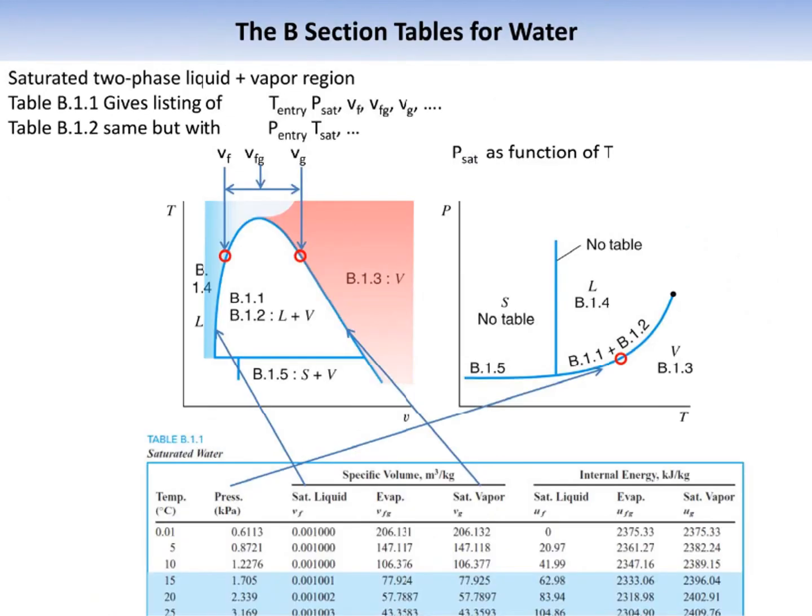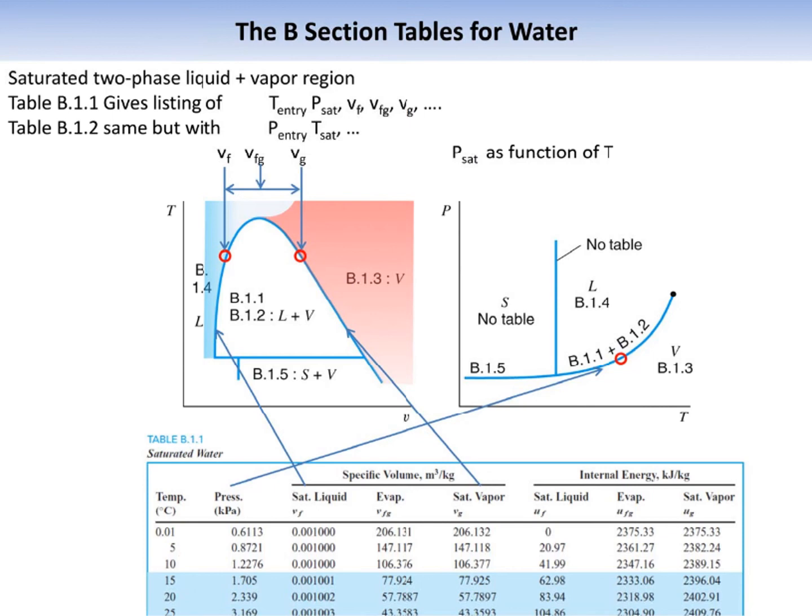Now let us study how to interpret the data given in thermodynamic tables, and how they correlate with the PV, TV, and PT diagrams. For instance, let us recall the last slide, and recall the temperature volume diagram.